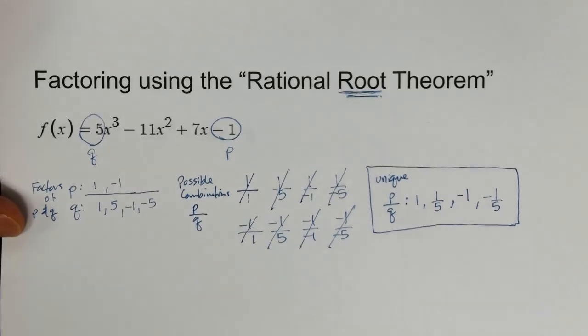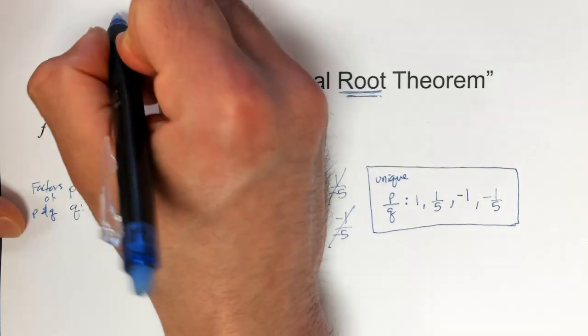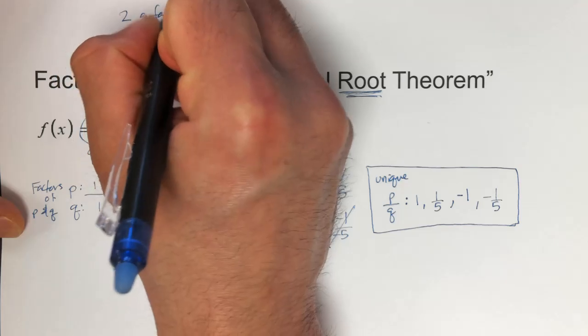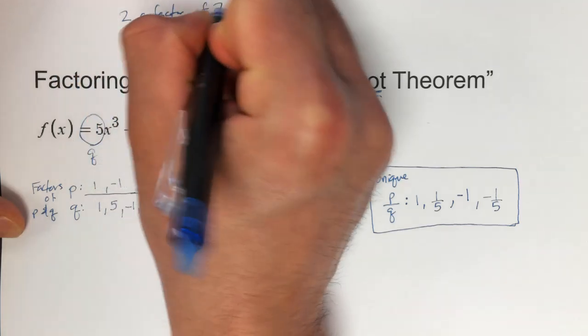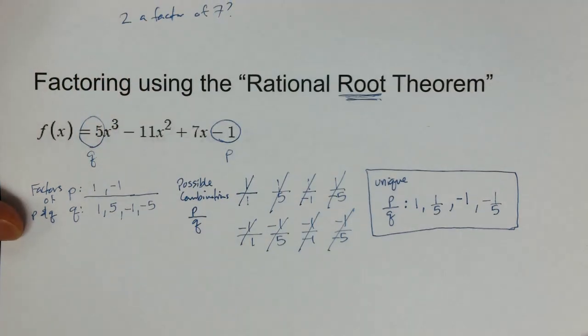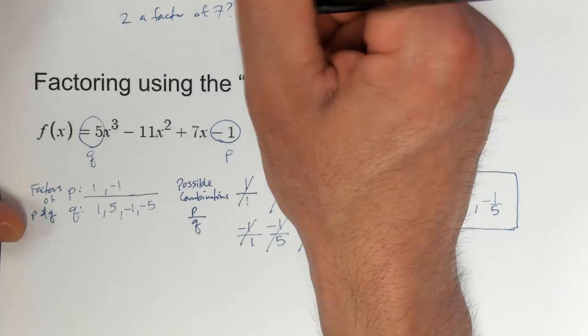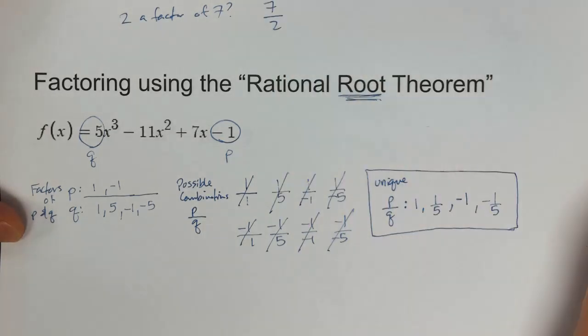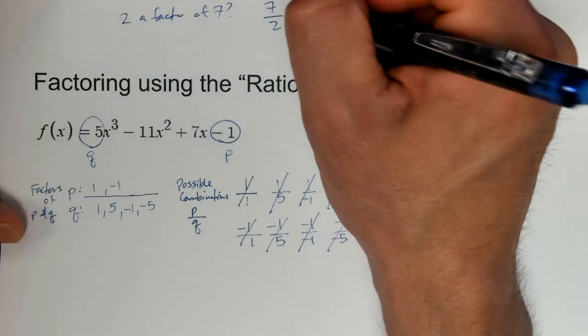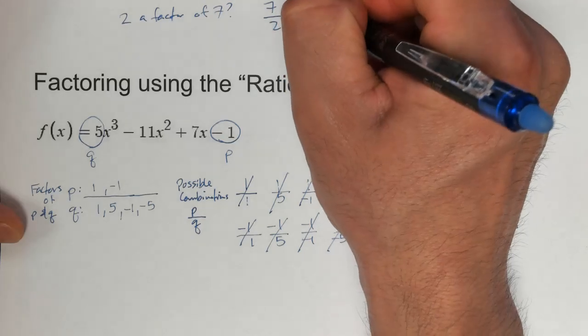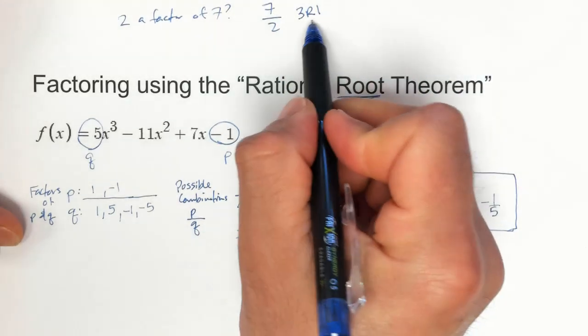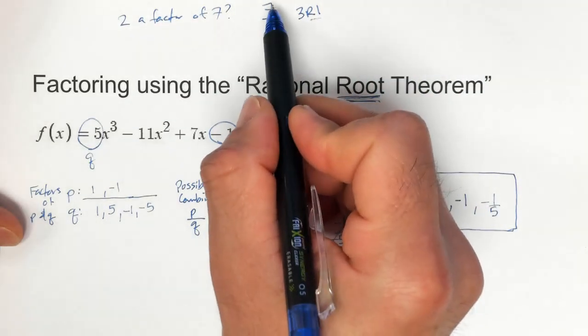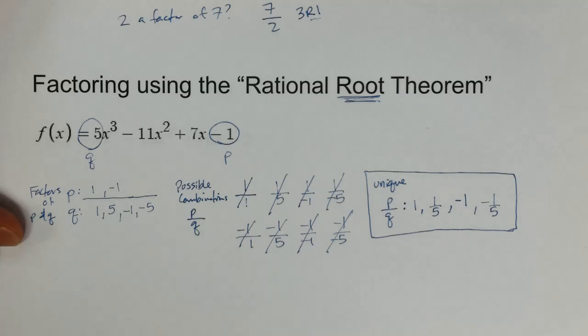Think about this when you're thinking about remainders. Is 2 a factor of 7? No, because if we divide 7 by 2, 2 goes into 7 3 times with a remainder of 1. Since there's a remainder, we can say that 2 is not a factor of 7, right?